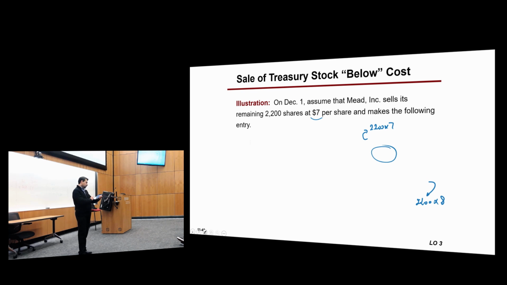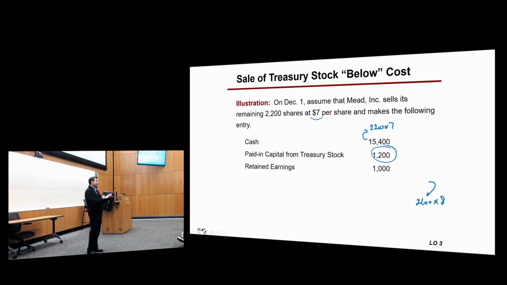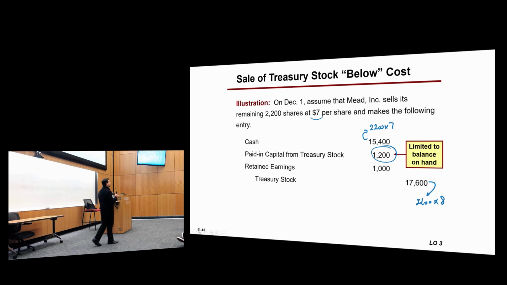Did you remember this one? In the balance, the balance was 1,200. You cannot have a negative balance in paid-in capital. So what happens is that when you are selling treasury stock, if you keep selling it below cost, the difference will have to be taken from retained earnings. This is why here we debit retained earnings. Those two together are the difference between the sales and the cost.